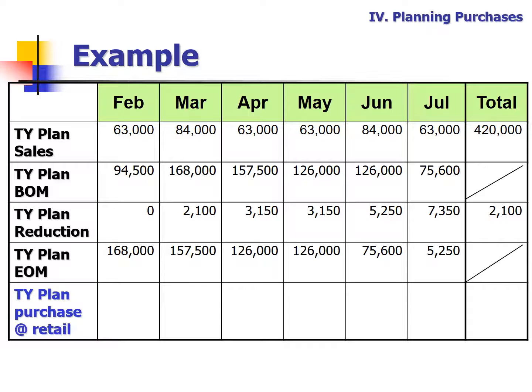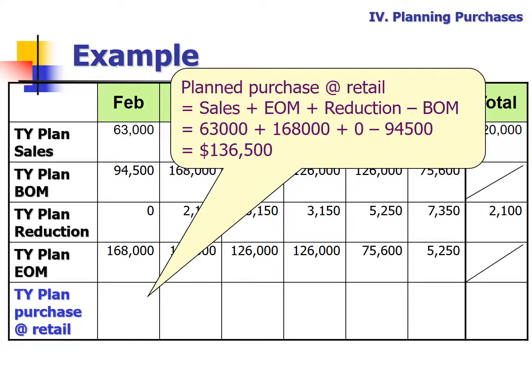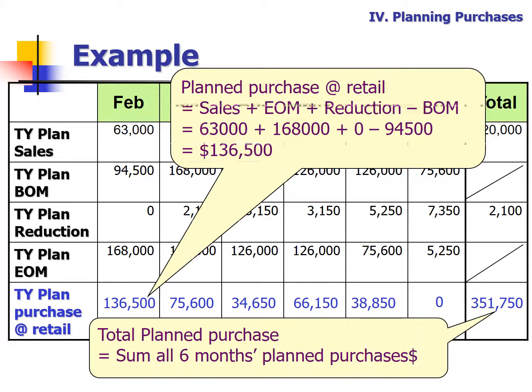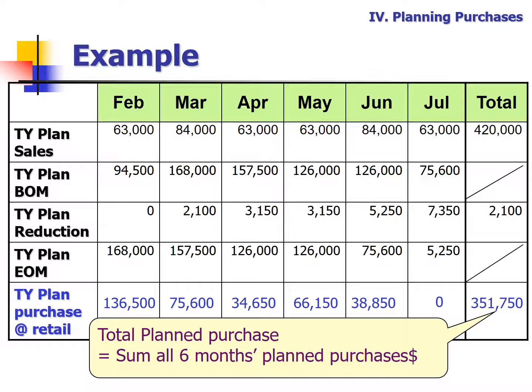For February, that will be sales of $63,000 plus reductions of $0 plus the EOM of $168,000 minus the BOM of $94,500. That leads to the planned purchases at retail of $136,500 for February. And we can do the same kind of calculation for the rest of the months, using the same logic: sales plus reductions plus EOM minus BOM.